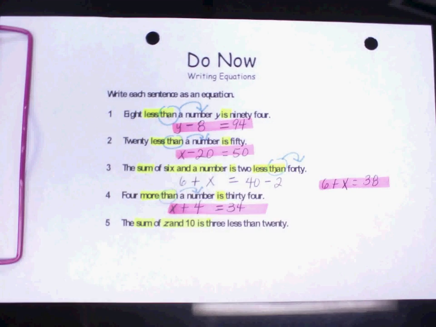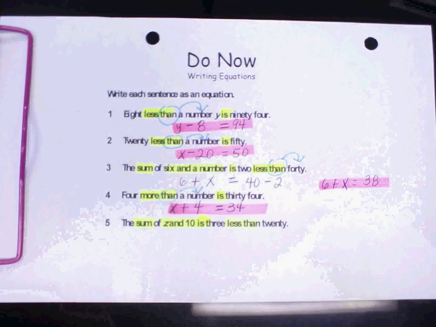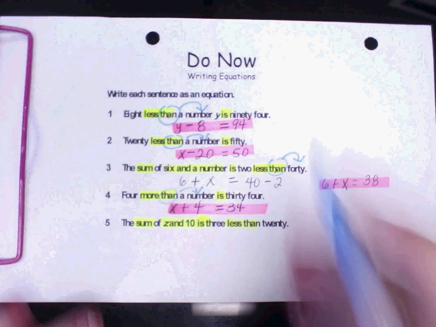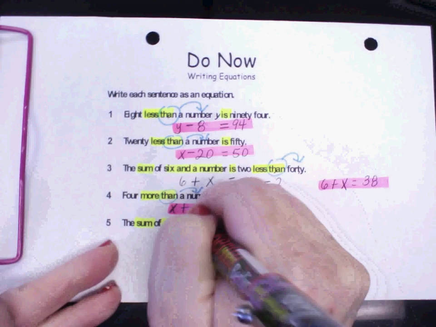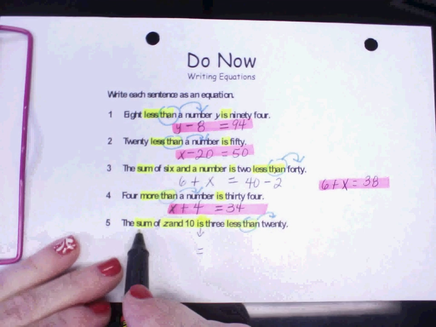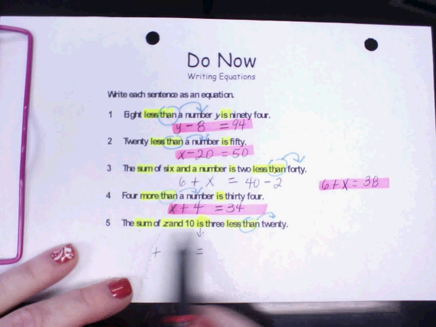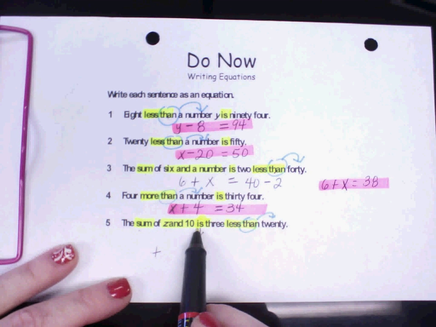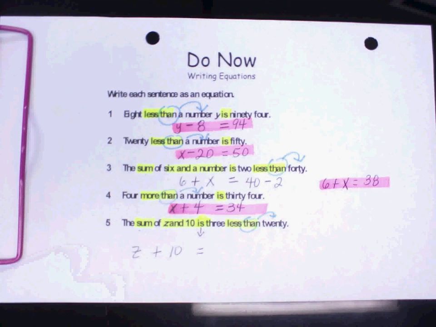All right. Next one. The sum of z and 10. And there's my equal sign. Less than. So this would be my equal sign. If it's a sum you're adding, what are you adding?